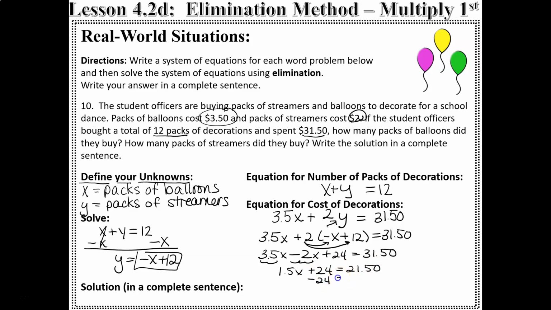I'm going to subtract 24 from each side. All right. Now I have 1.50x equals 7.50.